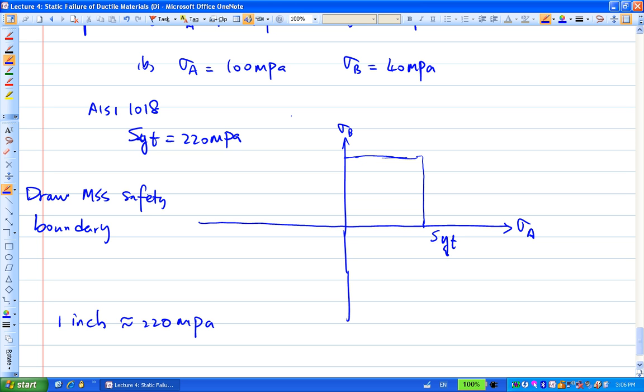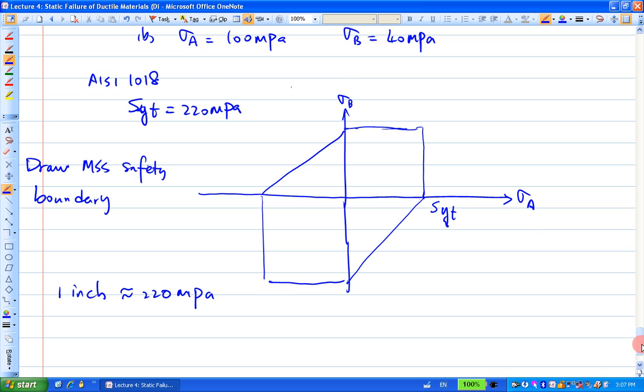You use a ruler, let this distance be 1 inch, and remember that 1 inch represents 220 megapascal. So finish that hexagon, drawing it according to scale with the proper precision.